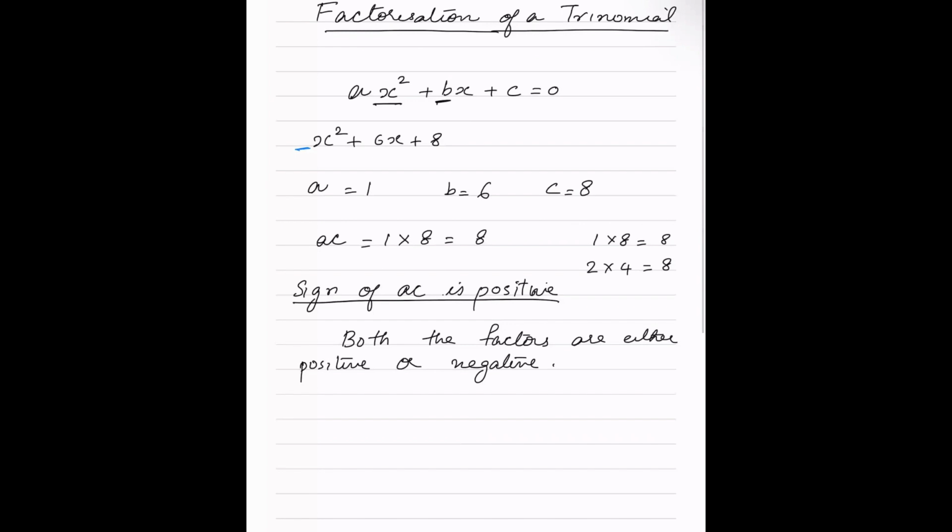How will you know whether both are positive or negative? You have to look at the sign of B.